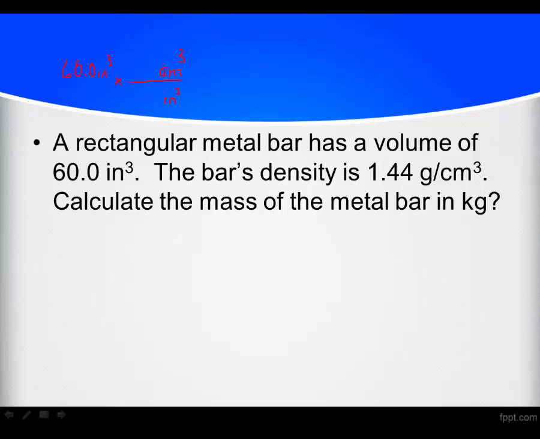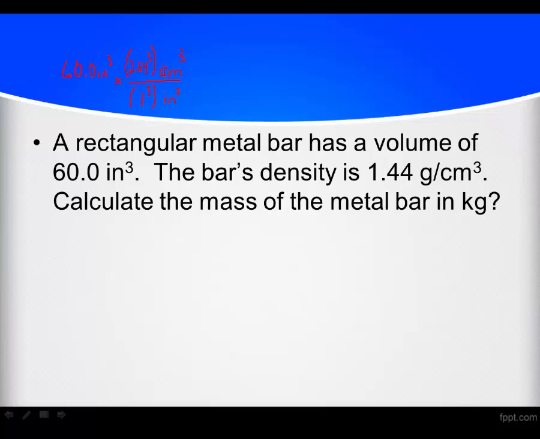Here's what I promised I'd show you guys yesterday. Remember, we had to do this in 3 steps yesterday? Inches to centimeters, inches to centimeters, and inches to centimeters. Here's a quicker way to do it. 1 cubic inch is 2.54 cubic centimeters. I'm going to put this in parentheses just so it looks like it's sticking together.